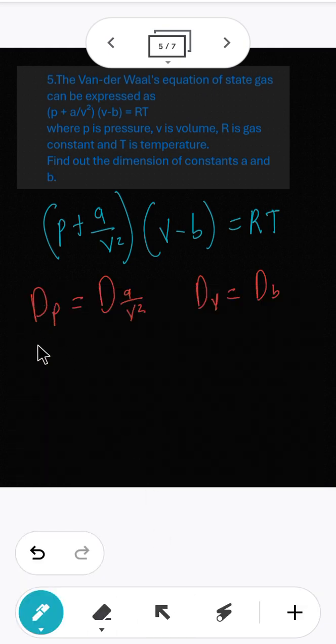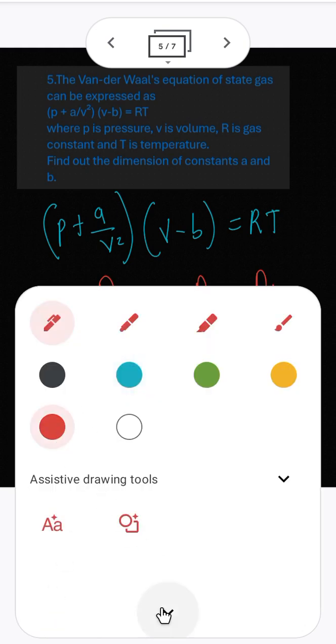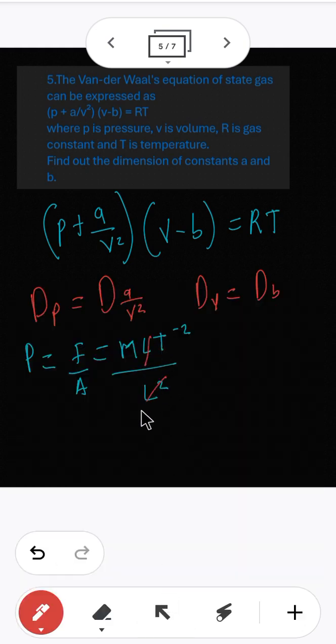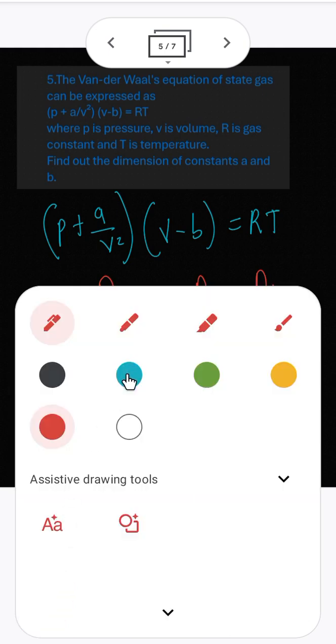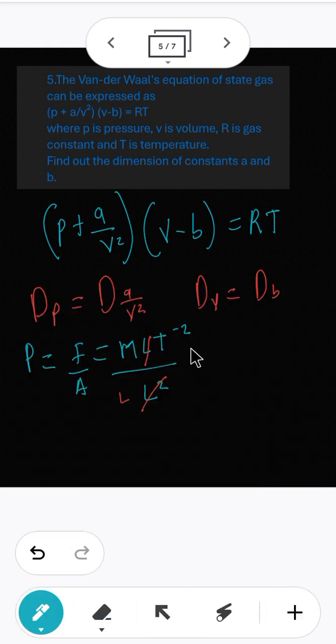Meaning, what's the dimension of P? P is pressure. Pressure is force over area. Dimension of force is MLT minus 2. Area is L squared. This is going to remain just L. Now we're going to be left with M, L raised to power minus 1, T raised to power minus 2. Dimension of volume is going to be length times breadth times height, which is L cubed.